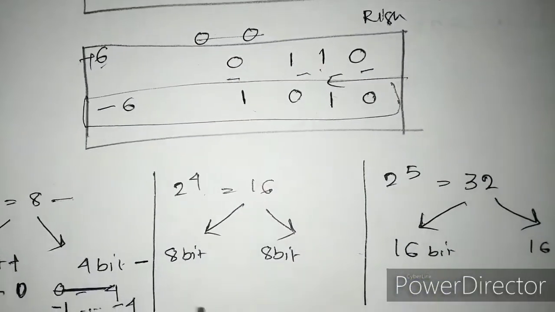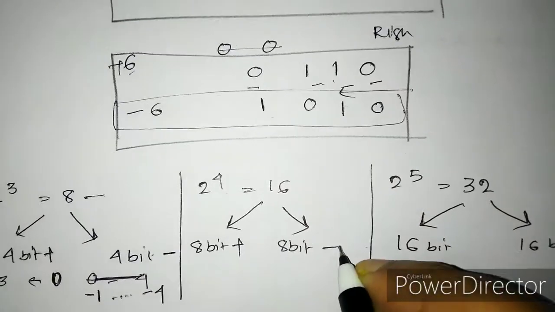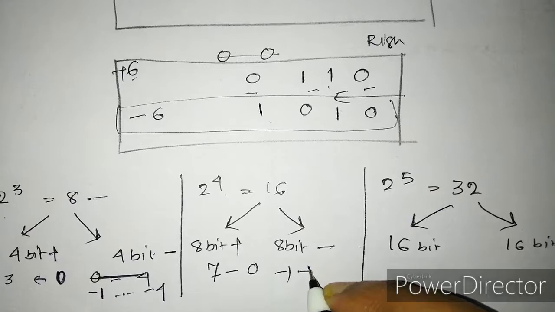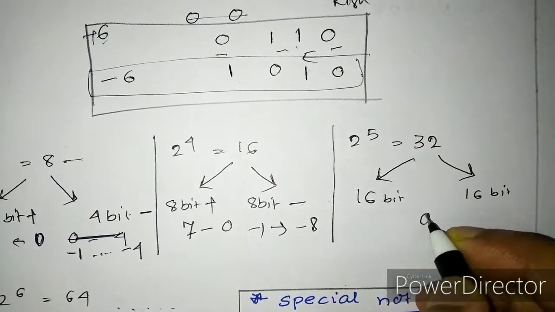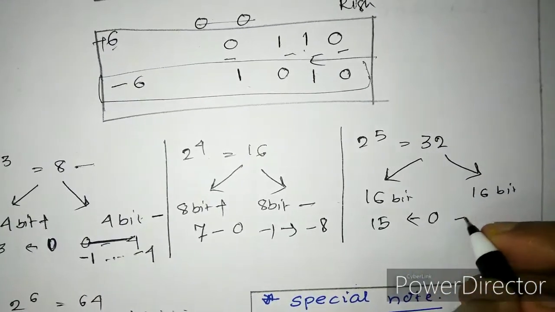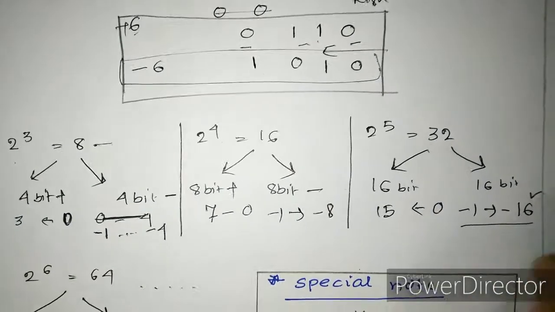Again for 16, 8 will be positive and 8 will be negative. So 0 to 7 will be positive, and minus 1 to minus 8 will be negative. Now for 16 bits, 0 to 15 will be considered positive, and minus 1 to minus 16 will be considered negative.